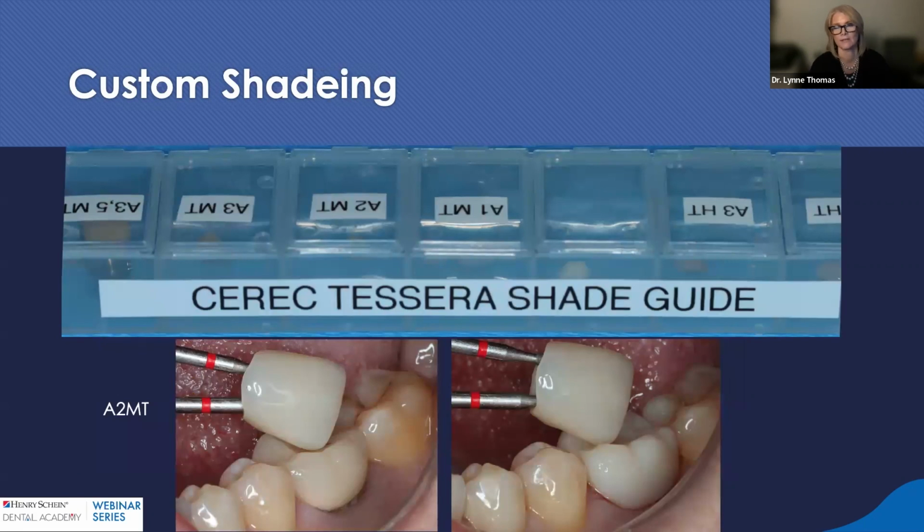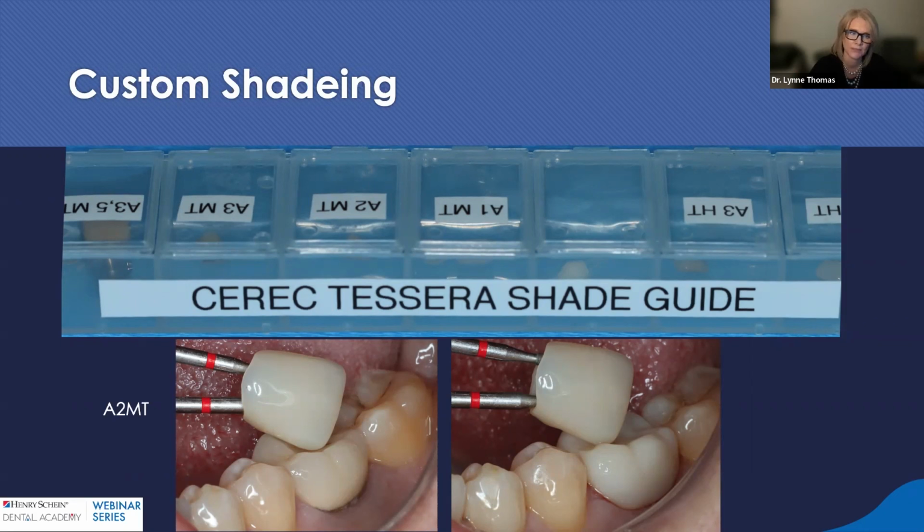One of the things that we have found extremely helpful with any material that you have available in your office is to make a custom shade guide. So we'll take a nice anterior crown like you see here on these bottom photos, and we'll make that same crown in every single shade of that particular material.